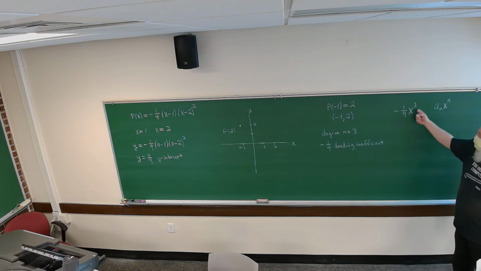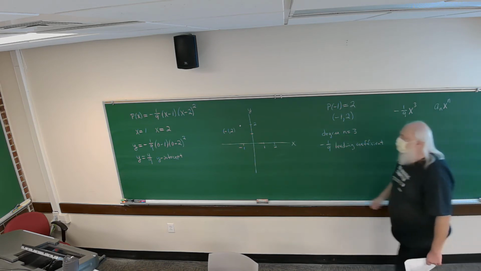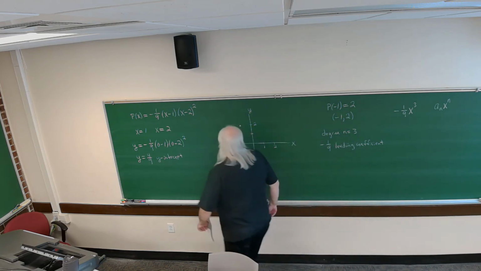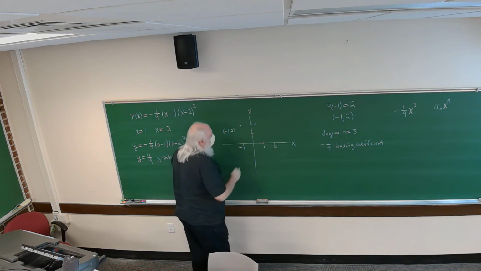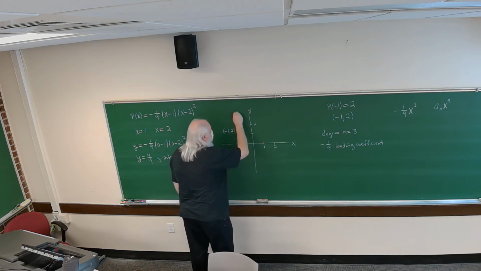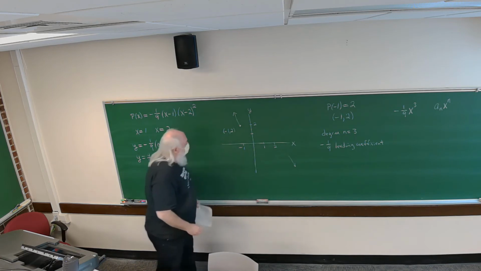Odd degree, negative leading coefficient. What's going to happen on the left end? Yeah, it's going to go up. And on the right end, it's going to go down. So from this point here, it's going to go up. And over here on the right end, it's going to go down.